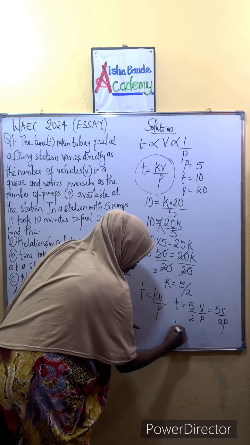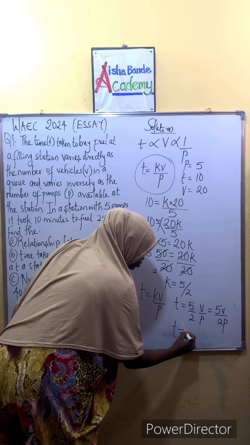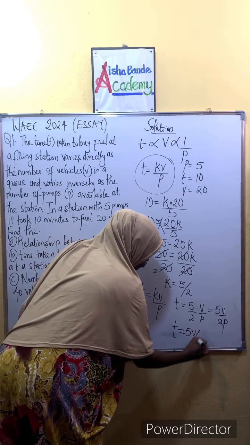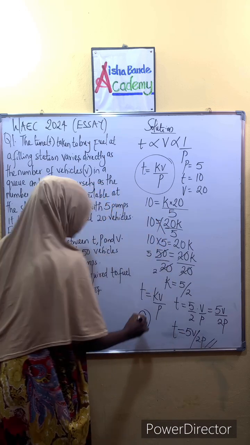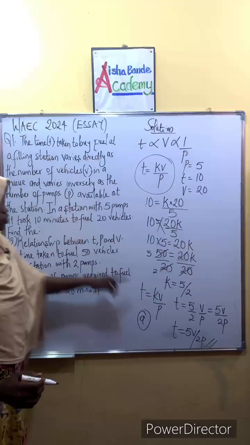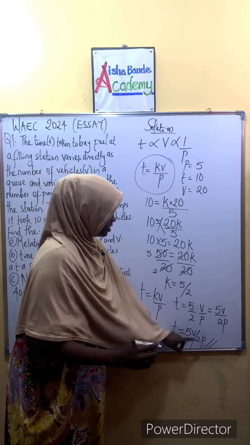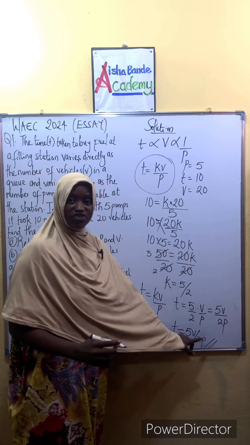So the relationship is T equals to 5V over 2P as the answer for question A. The relationship between T, V, and P is T is equals to 5V over 2P.